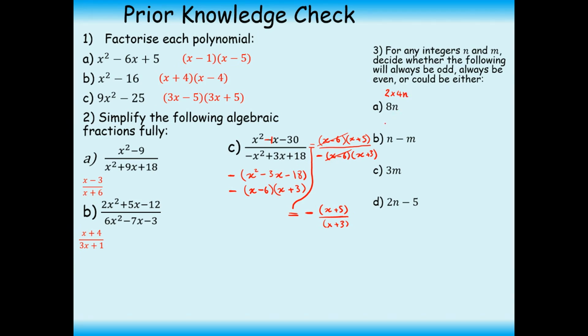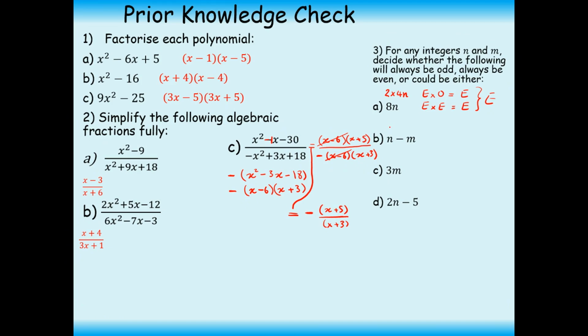Therefore, 8n is 2 lots of 4n. Now, if you take an even number and multiply it by an odd number, you end up with an even number. And if you take an even number and multiply that with another even number, you still end up with an even number. So in any case, no matter what parity n is, we end up with an even number.